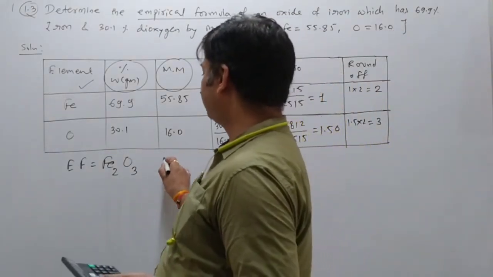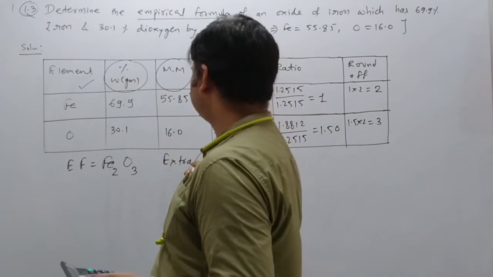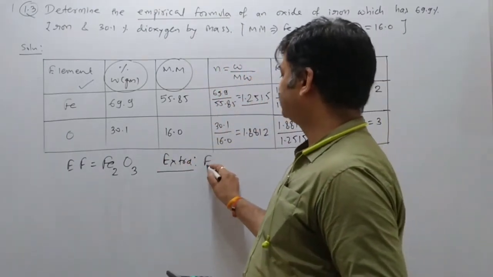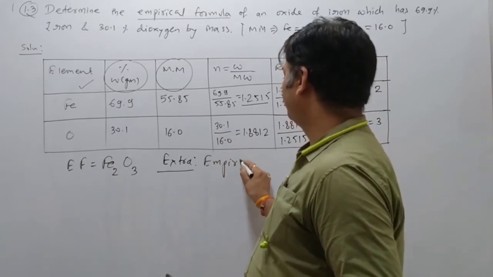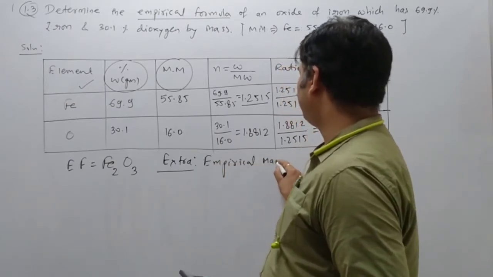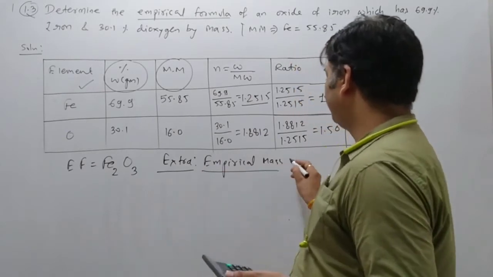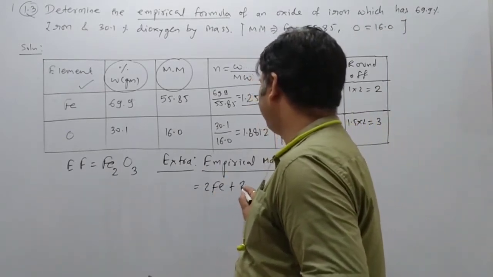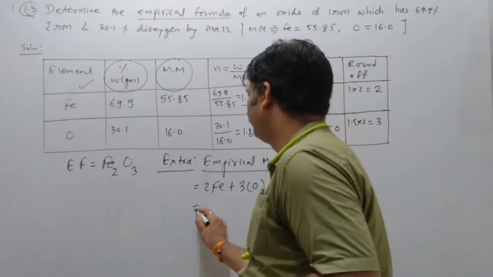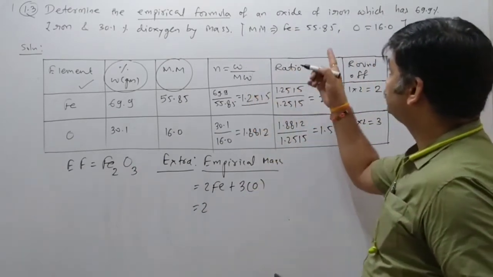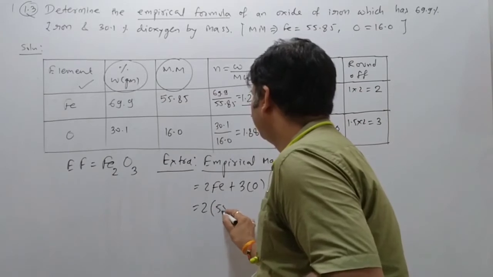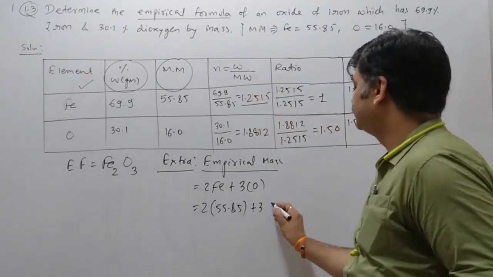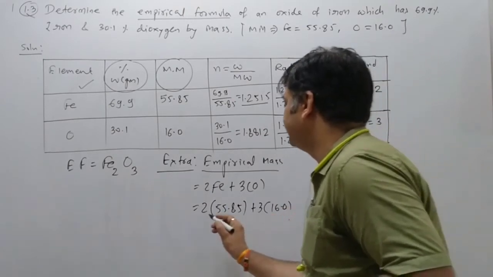Suppose, let me tell you something extra. If you are interested to find out empirical mass, what we will do is: in case of empirical mass, 2Fe and 3O. Mass of Fe is 55.85 and mass of oxygen is 16.0.